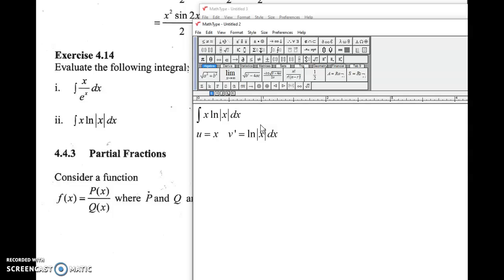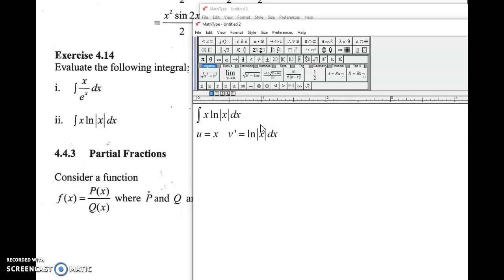Yes, possible, but based on our properties, if you want to differentiate ln x, we'll get 1 over x.